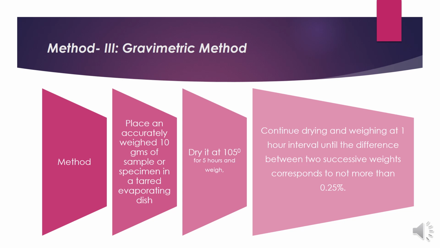The procedure performed is that you have to continue the drying and weighing process until you achieve a constant weight, meaning until there is no change between two weights, or the difference is so minute that it cannot be calculated. So you perform these steps till you achieve a constant weight or a very minute difference between two weights that is not more than 0.25% according to USP.